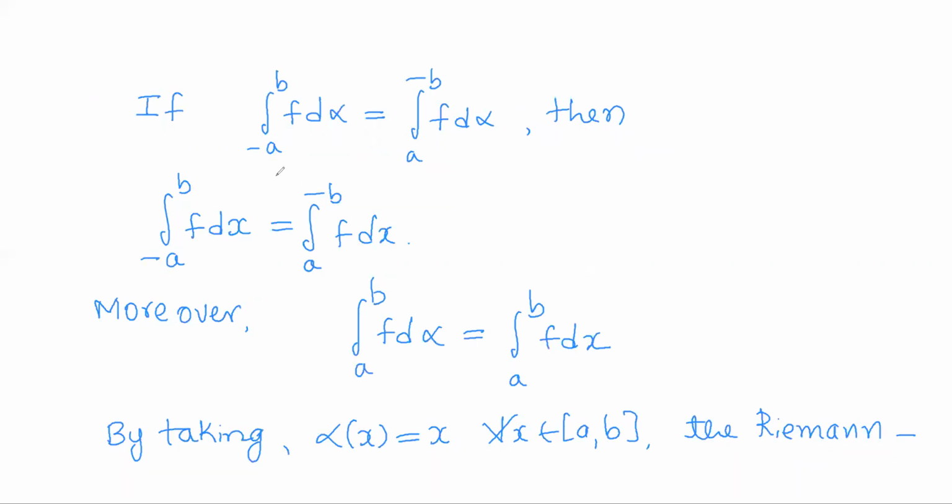So now if I assume that the lower Riemann Stieltjes integral is equal to the upper Riemann Stieltjes integral, then f will be Riemann Stieltjes integrable, and that will imply that the lower Riemann integral will be equal to the upper Riemann integral.